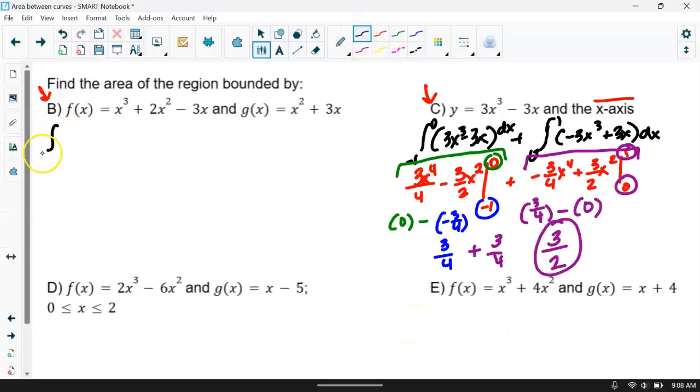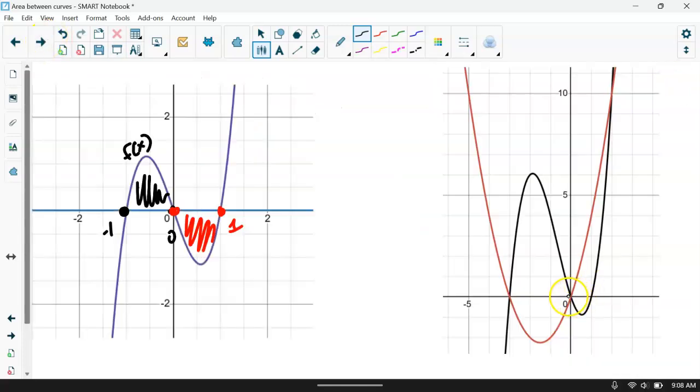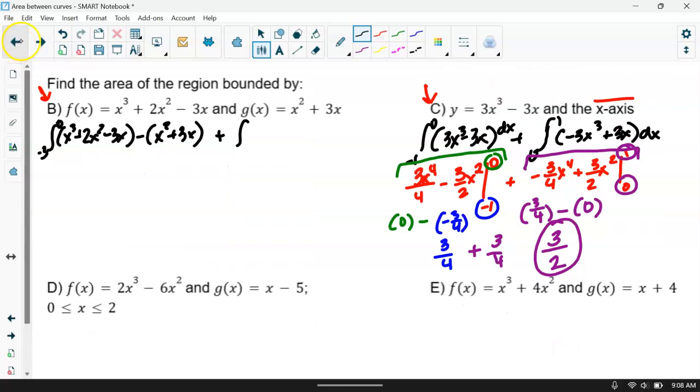So here we go. From -3 to 0, we've got x cubed plus 2x squared minus 3x minus g of x, which is x squared plus 3x. Then we're going to add to that. Then remember, the other section is from 0 to 2.